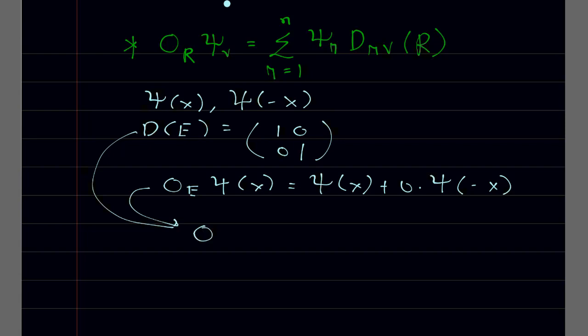So how can I write this? I can say that OE of psi of x. So imagine that this is function f1 and this is function f2. So let me write it in this way.